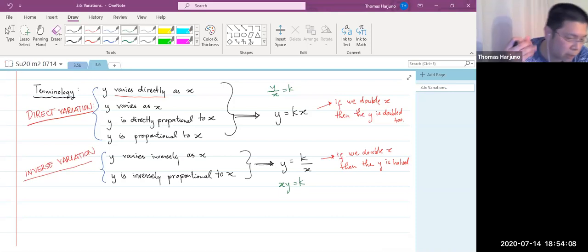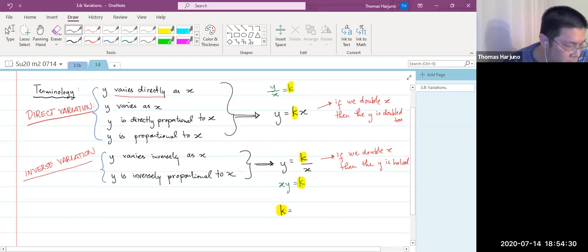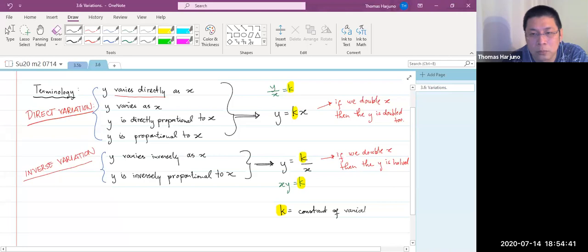Okay, now that's what direct variation and inverse variation mean. In both cases, direct or inverse variation, this k is called the constant of variation, or constant of proportionality.